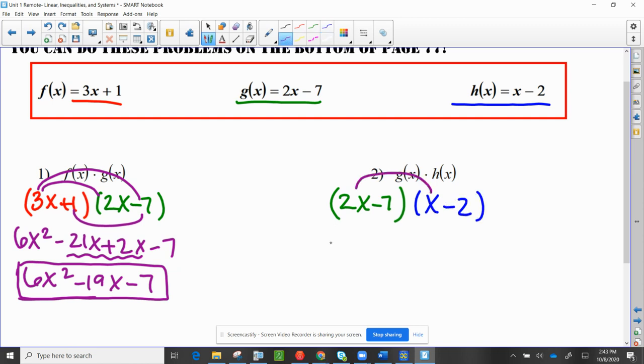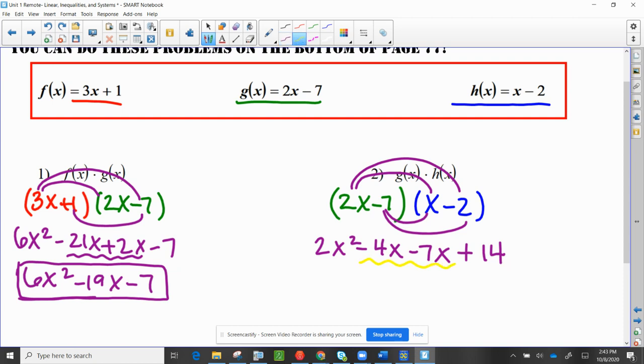So 2x times x gives me 2x squared. 2x times negative 2 is negative 4x. Negative 7 times x gives me negative 7x. And then last, negative 7 times negative 2 gives me positive 14.